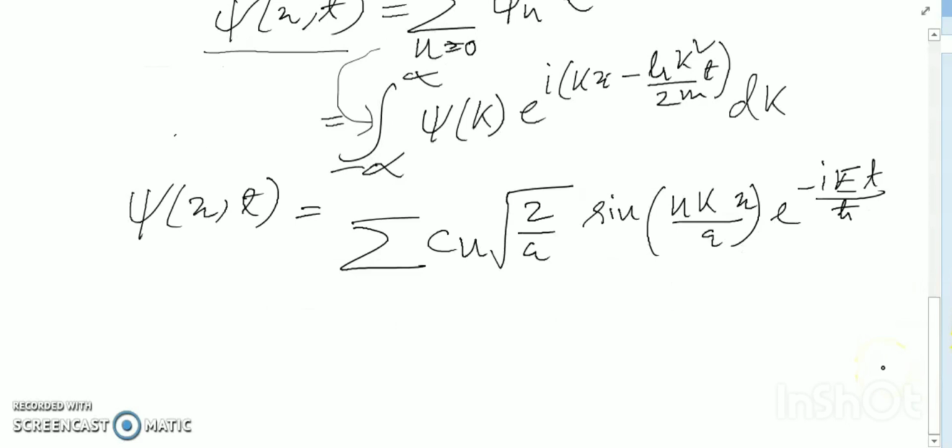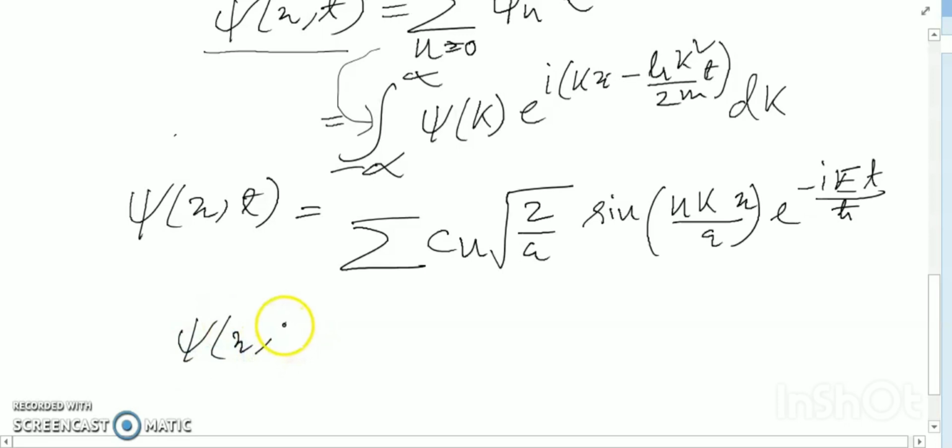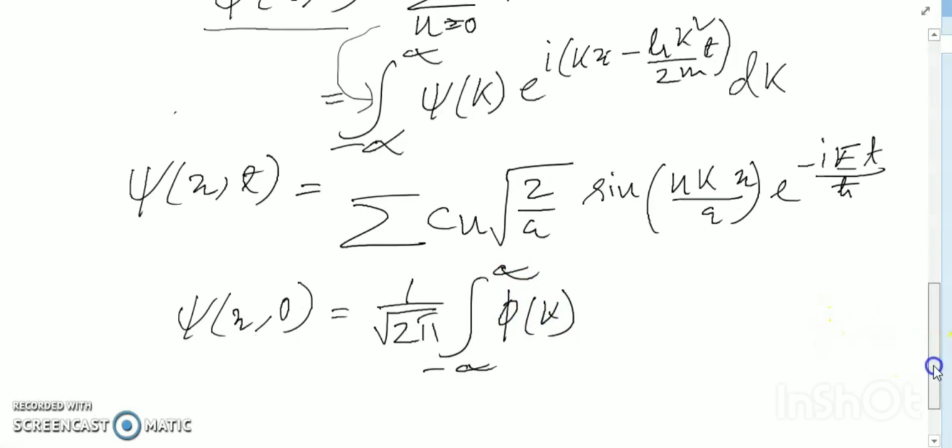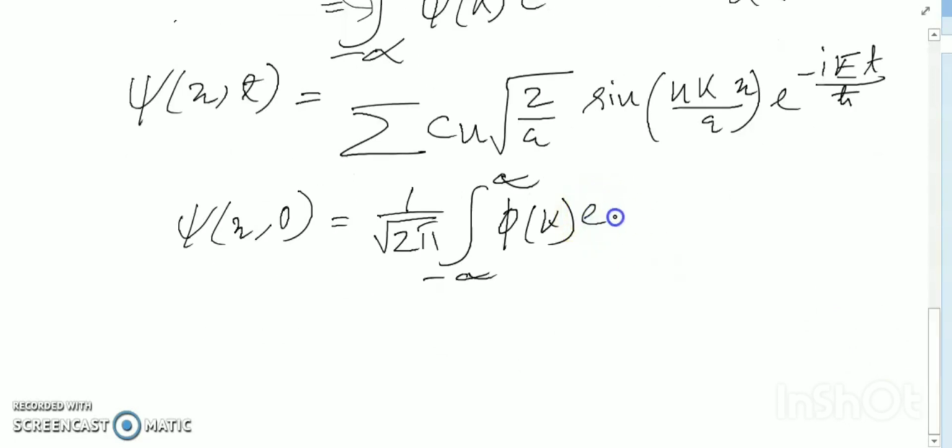So friends, at t equals 0, the state psi of x comma 0 is equal to 1 by root over 2 pi times the integral from minus infinity to infinity of phi k e to the power ikx dk. Okay, so this is my state.